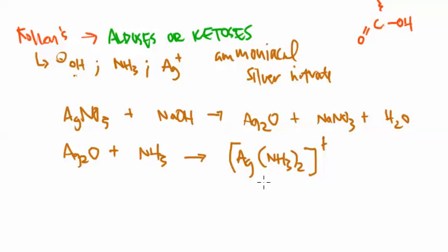The problem with the Tollens reagent, however, is that we ran out of the old expired stuff recently, and we ordered new silver nitrate to actually make the Tollens reagent with. When we got this new bottle of silver nitrate, we made our Tollens reagent fresh, and we set it in the bottle. It's a glass bottle with a lid, and we basically set it down on the shelf, and people were using it, and we had no problems with it.